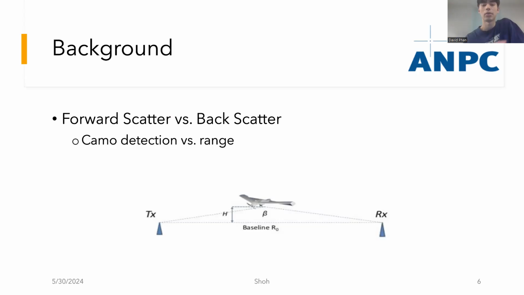So with a forward scatter system, we're able to detect the shadow of an object, which any object has, no matter whether it's camouflaged or not. So in a forward scatter system, we are able to detect camouflaged objects as well. I guess one con to a forward scatter system is that it doesn't have much range, as an object has to pass directly in between the transmitter and receiver setup.